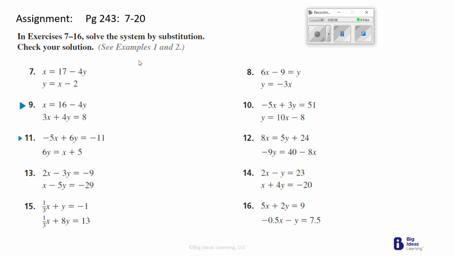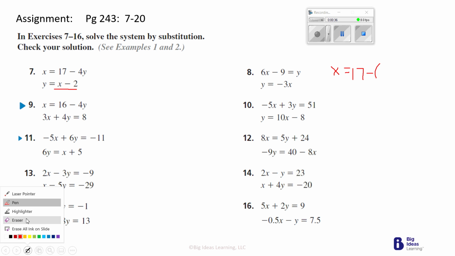So what we're doing here is taking one thing and replacing it with another. Pretty easy, right? In this case, we know y equals x minus 2. So it's a perfect situation. We can take x, and it will equal 17 minus 4.